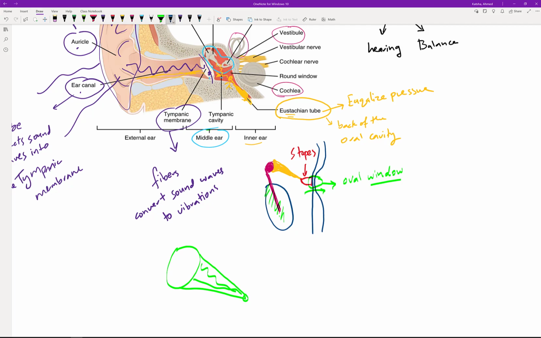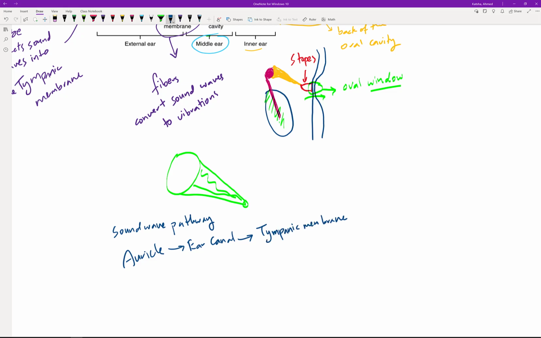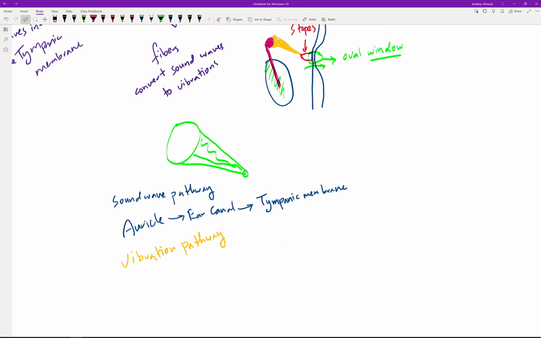So it will be a good idea now to write the sound wave pathway. We said it's coming from the auricle to the ear canal, then to the tympanic membrane. Then we have the vibration pathway, which is the tympanic membrane into the ossicles. The first one is the malleus, then to the incus, then to the stapes, then to the oval window.